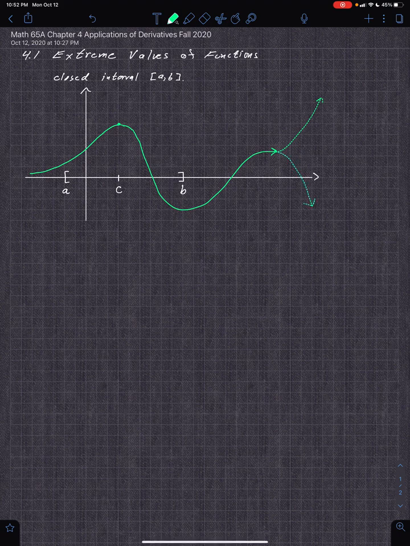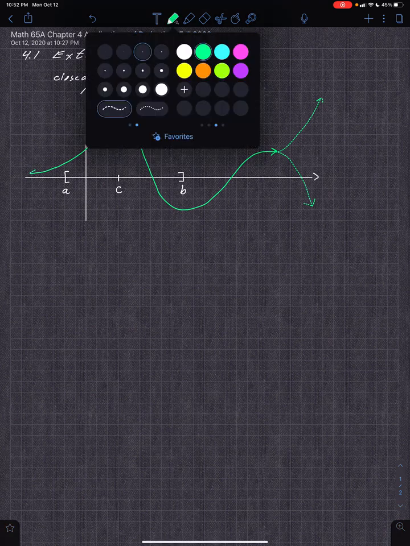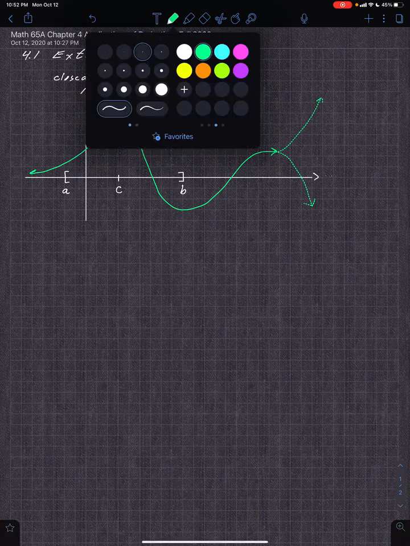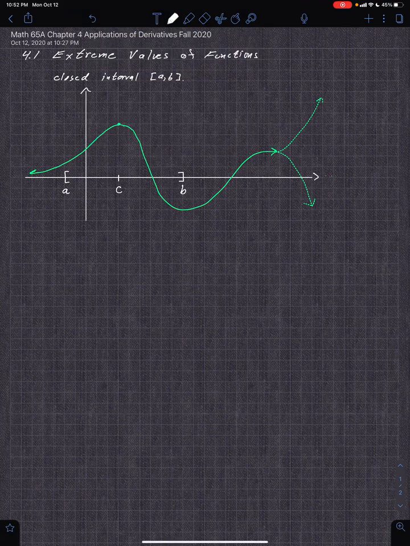But that doesn't matter because we're out here past the interval. And here I'm saying the function approaches the x-axis. So this is x and this is y.